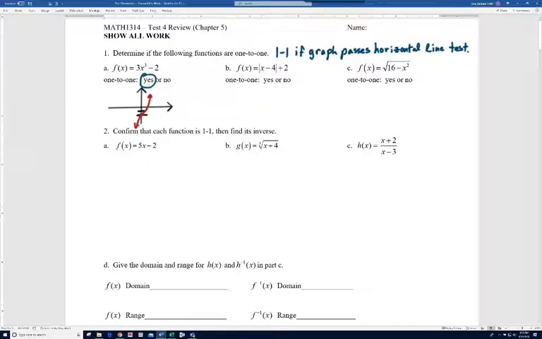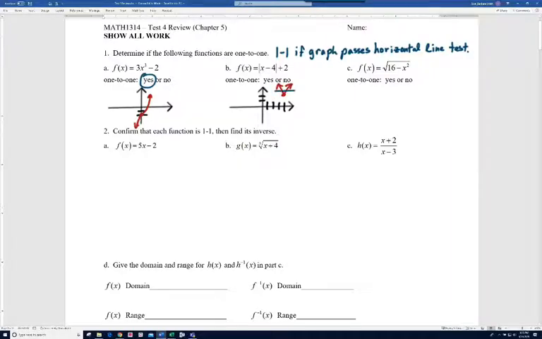On B, we have f of x equals the absolute value of x minus 4 plus 2. And if you graph that, we know that's V-shaped, but we're going to have a shift 4 right and up 2. And so it'll look like that.